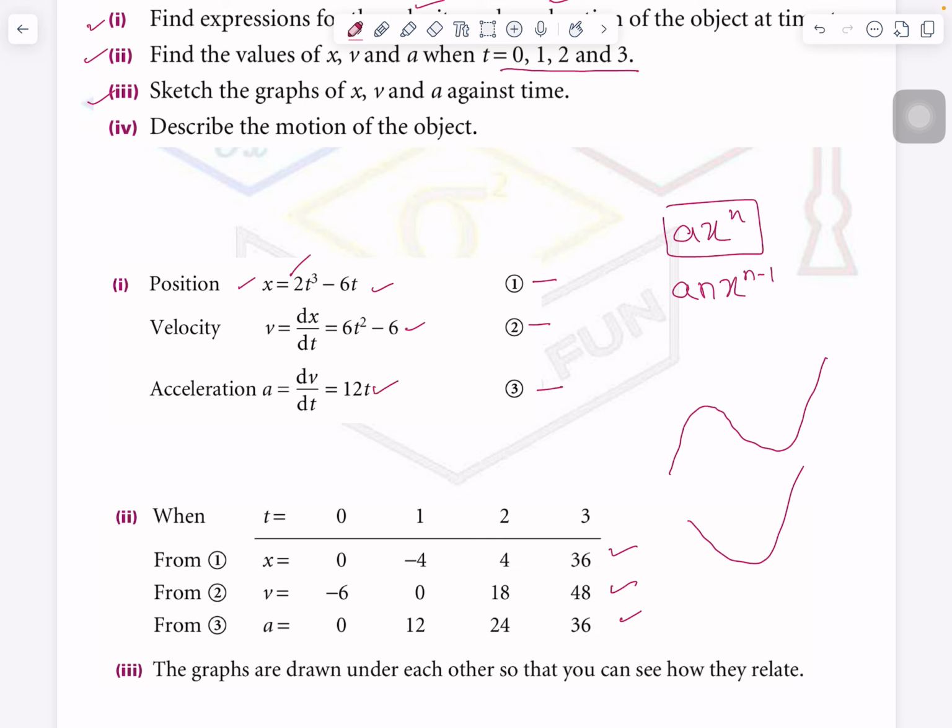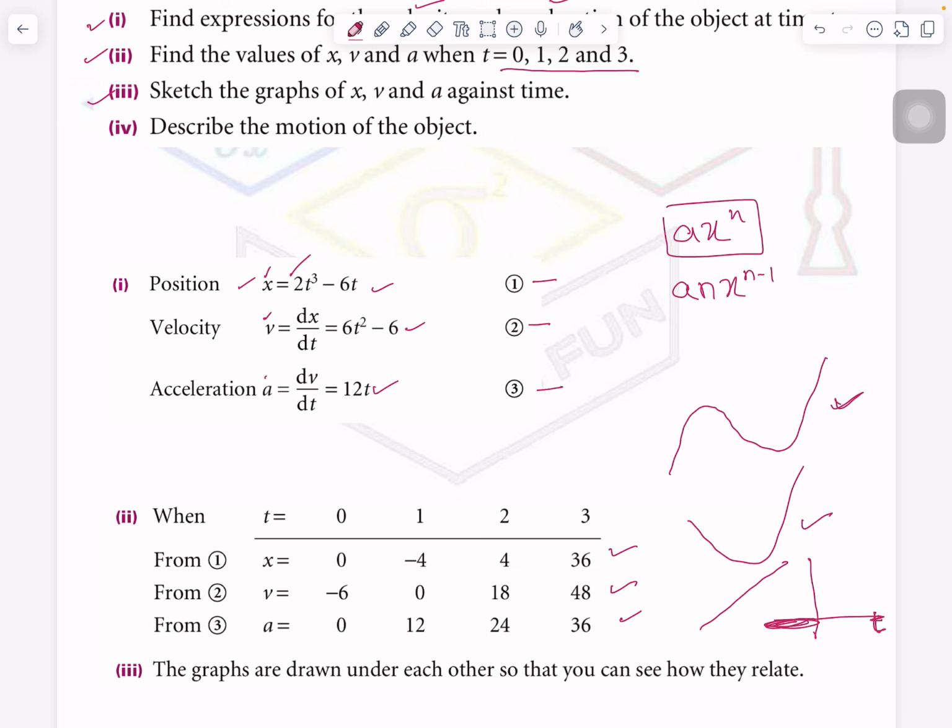And acceleration, a straight line, so a graph like this. So without even plotting, at this point I know what is the shape of the curve, but it may not be exactly like this, maybe part of this, maybe part of this. Why? Depending on the values. t cannot be negative now. So when we are plotting, we will not plot anything on this side. Our x-axis will be the t-axis and the y-axis will be x, v and a, right?